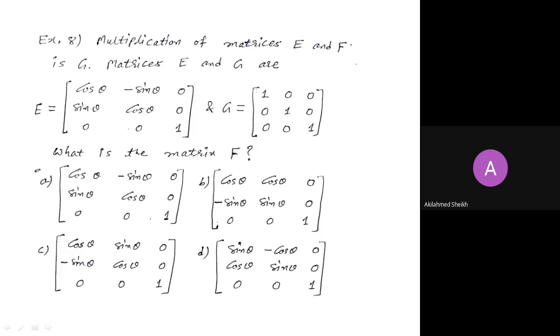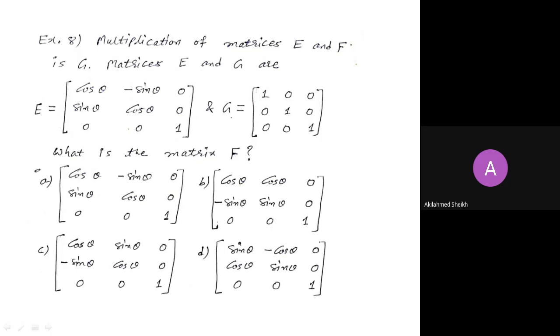Now here, the multiplication of matrices E and F is G. The matrices E and G are as follows. The E matrix is a 3 by 3 matrix whose elements are cos theta, minus sin theta, 0; sin theta, cos theta, 0; 0, 0, 1.